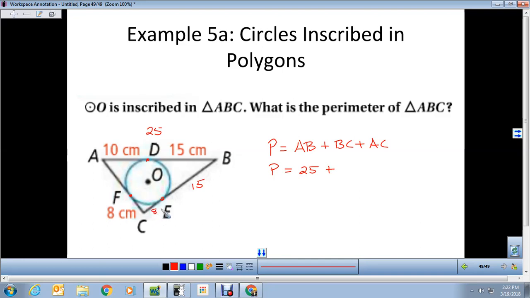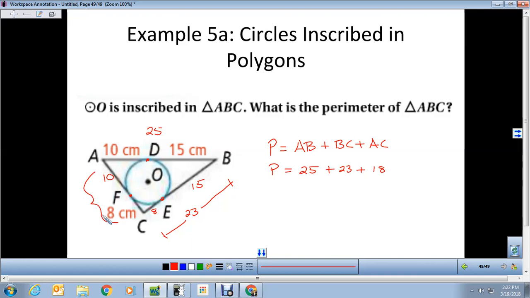So now we can find the entire length of BC by adding 8 plus 15, which gives us 23. So the length of BC is 23. And that leaves us with our last side, AC. Now we know that this is 8, and because these two lines are tangent, meeting outside the circle, this is also going to be 10. So we do 10 plus 8, which gives us 18. So that gives us our last segment.